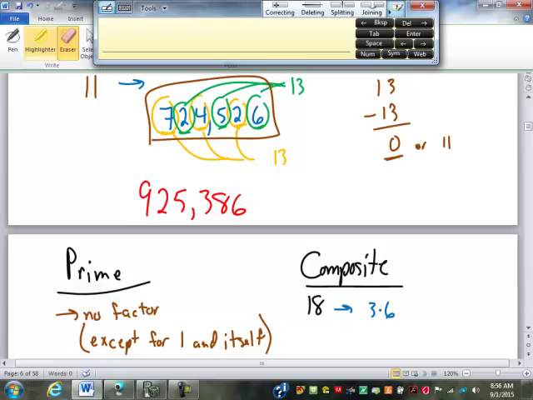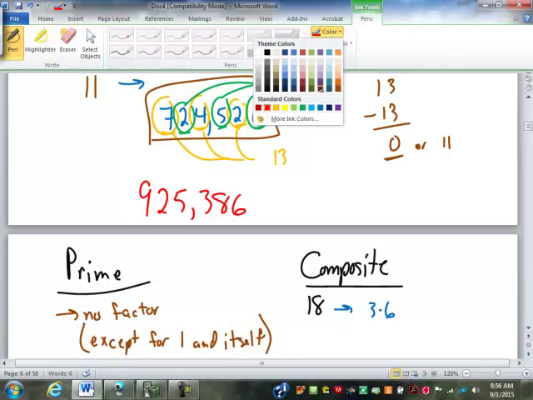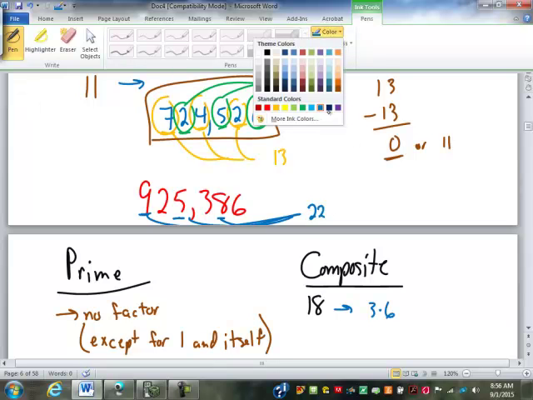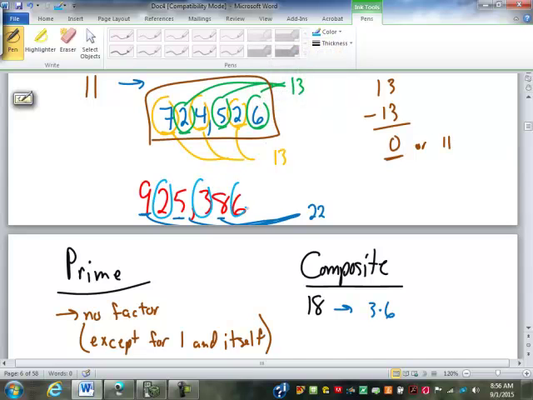So let's look at this one. 9, 5, and 8, which add up to 22. Very good. Then we're going to take 2, 3, and 6, which add up to 11. What's the difference between 22 and 11? 11. Is that divisible by 11? You bet it is. So that whole number is divisible by 11.